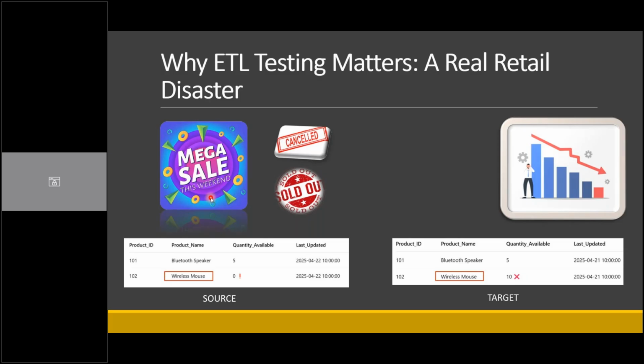What happened is some orders were cancelled, and products which were shown as available in stock when ordered were actually sold out.